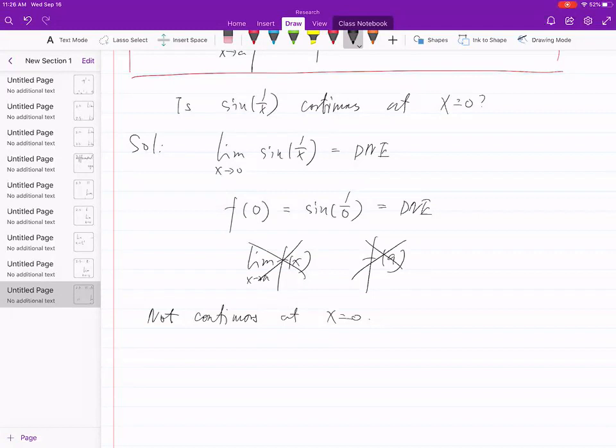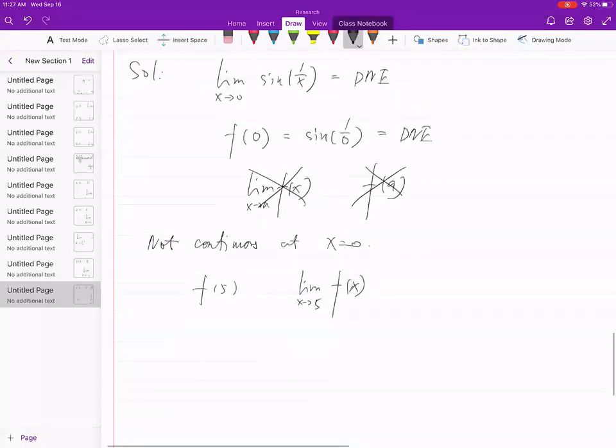So from now on, if I ask you, is a function continuous at 5? What do you do? You plug in 5 to find f(5). That's one number. You also find the limit at 5. That's another number. What can happen? Number one, this one maybe does not exist. Then there's no way to compare.